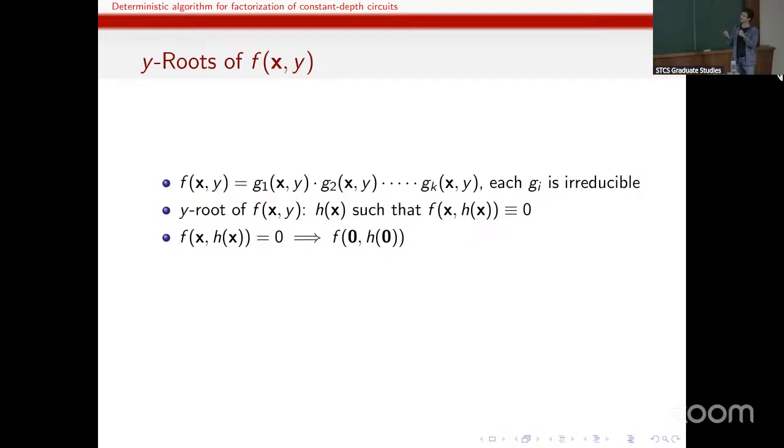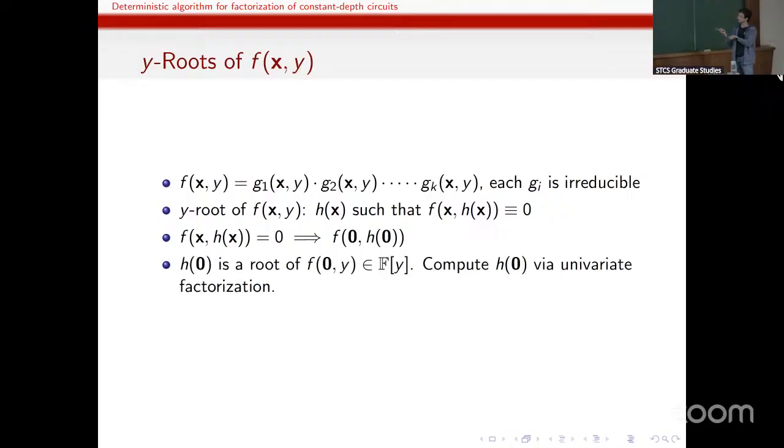Now, if f(x, h(x)) is 0, then f(0, h(0)) is also equal to 0. So h(0) is a root of f(0, y). So how can you get your hands on this h(0)?